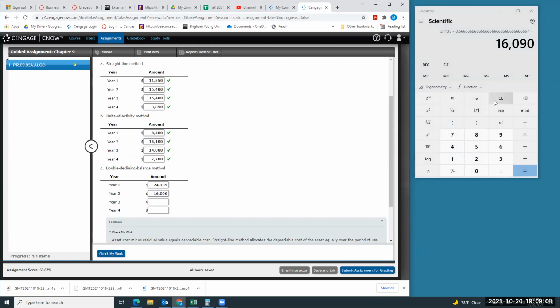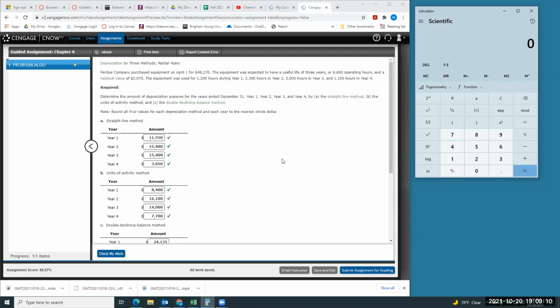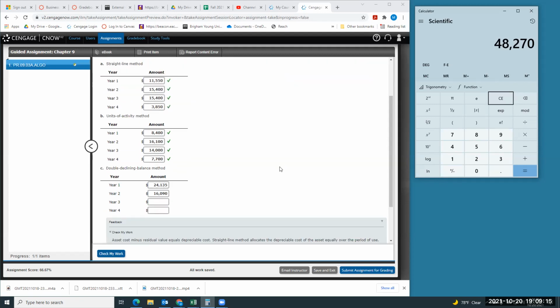To find our depreciation for the third year, we're going to take our cost, $48,270, and subtract any depreciation we've accumulated up to this point. So we're going to subtract the first year's depreciation of $24,135, and we're going to subtract the second year's depreciation of $16,090. That means our book value at the beginning of year 3 is $8,045.